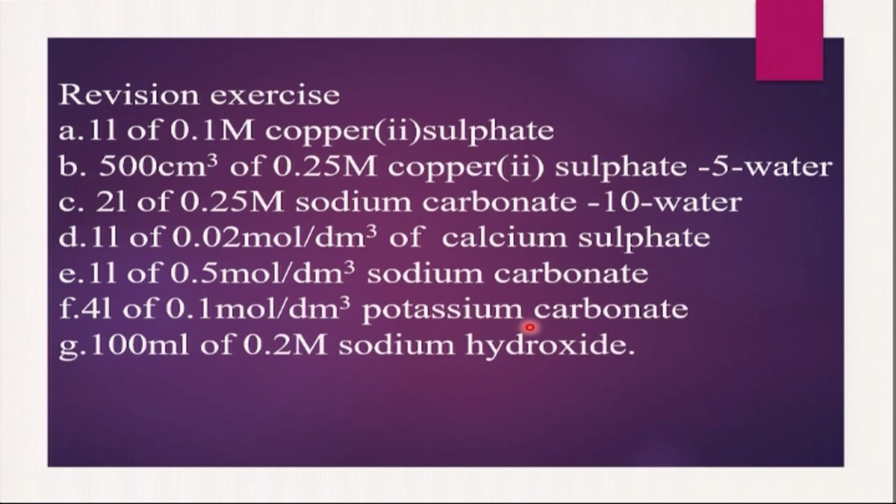The first step, you need to calculate the molar mass of sodium hydroxide. The atomic mass is 23, plus 16 for oxygen, plus 1, that is 40 grams per mole, the mass equivalent to 1 mole.